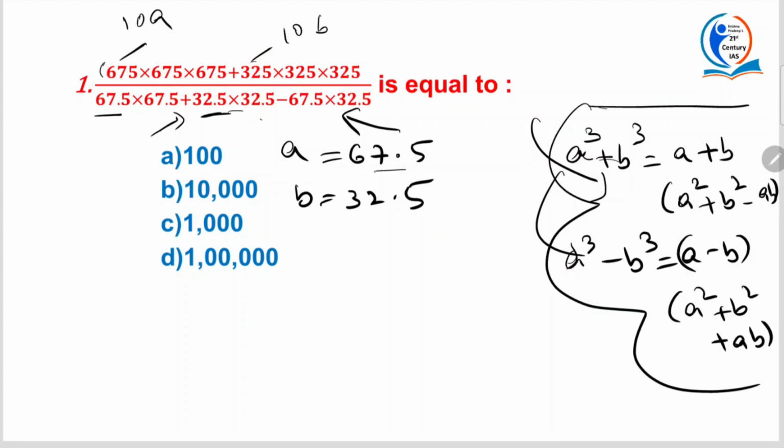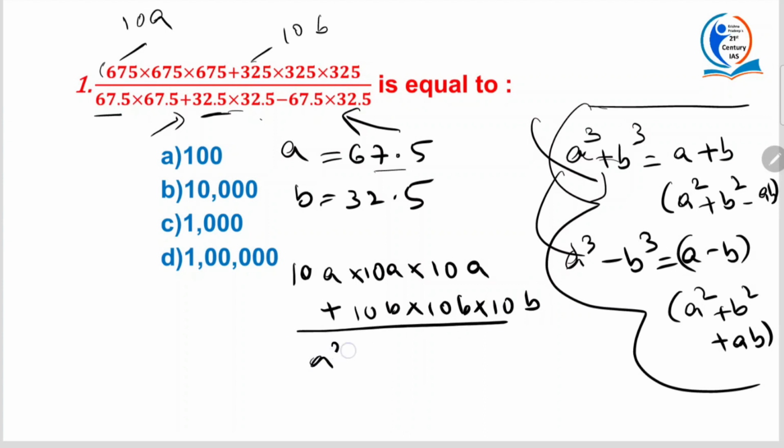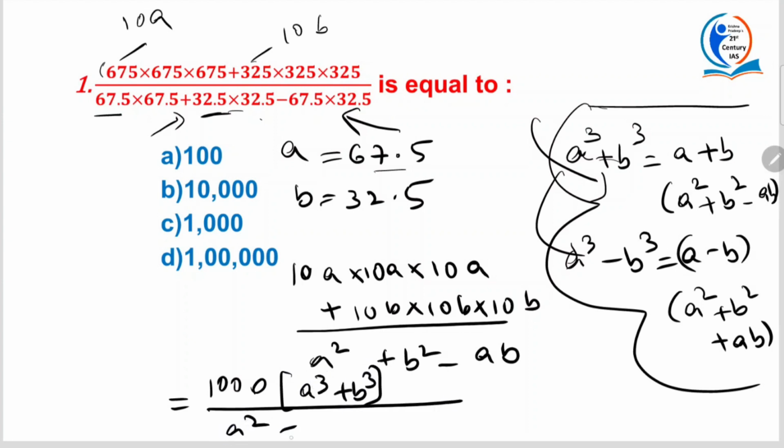Alright, so this equation becomes 10a into 10a into 10a plus 10b into 10b into 10b by a square plus b square minus ab. Alright, so after simplifying, what will you get? You will get 1000 into a cube plus b cube by a square plus b square minus ab.